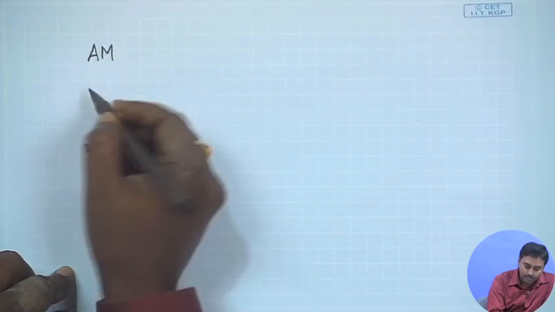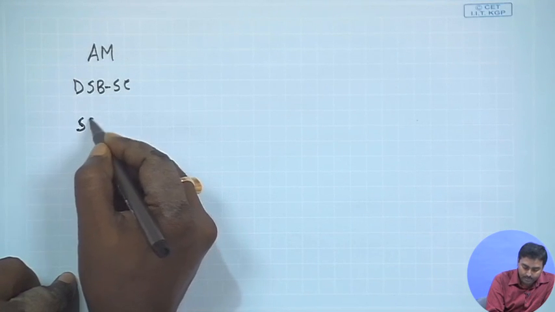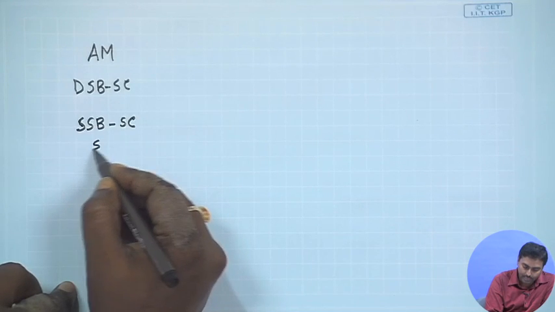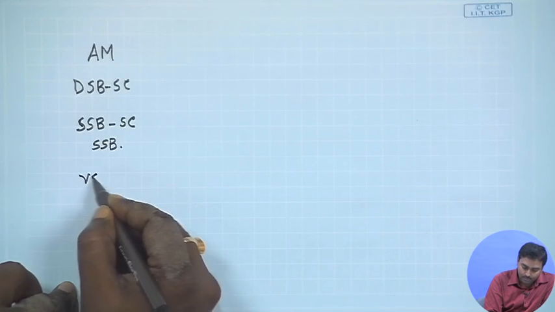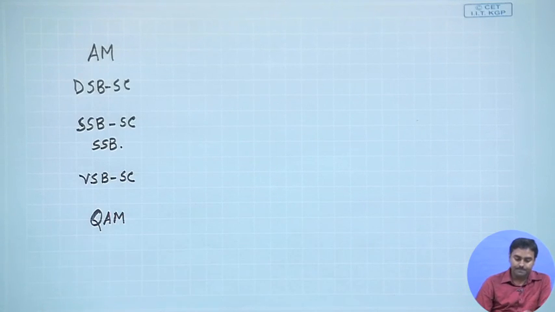So, this is something we have already seen so far, these are the variations of the amplitude modulation schemes that we have. Now, let us try to compare them. So, we write AM, DSB-SC, SSB-SC, general SSB also, VSB-SC, and let us say QAM, right.